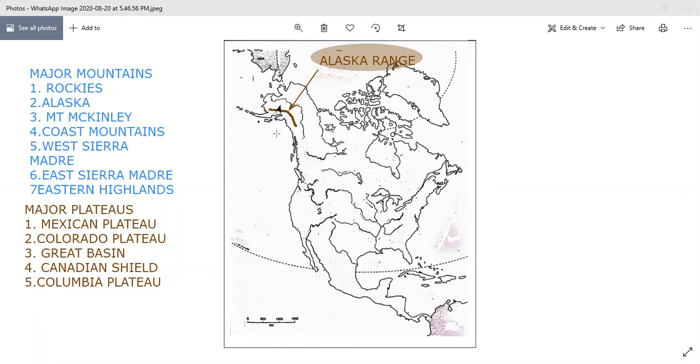Okay, so with reference to this point, can you see this structure? Let me show you the structure once again with reference to this point. Okay, just above that, along the Alaska range, you should put this black triangle, which shows that it is Mount McKinley. Okay, so now we'll do the marking.